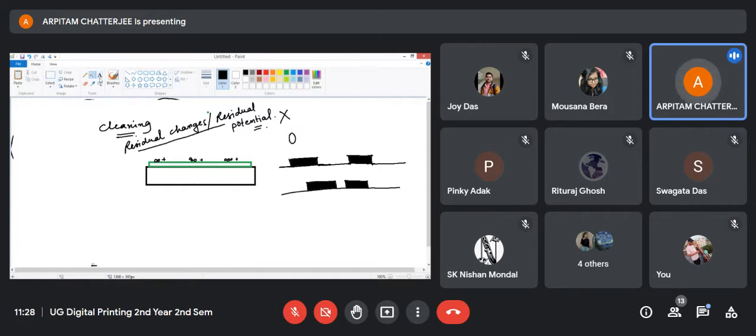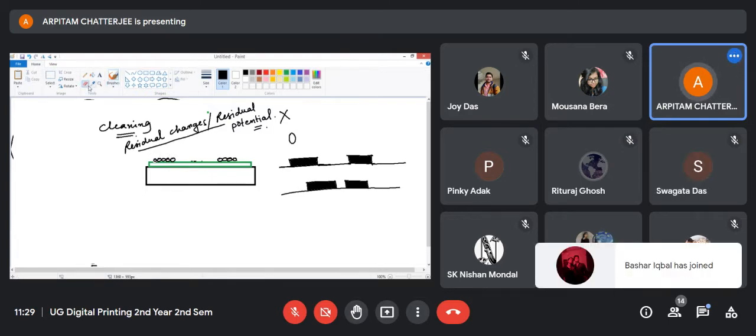You had the plate something like this. This is what your plate should have been, and they have got transferred. But after transfer, this is remaining over here. Suppose this one is remaining.